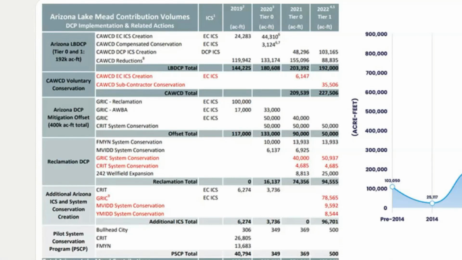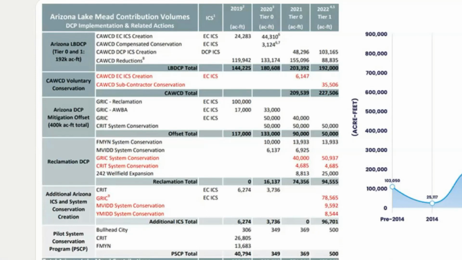The list on the left going down that table are the various types of intentionally created surplus, ICS, various types of conservation program results that we promote and support, with the volumes of water in there, and you could see that we've saved quite a considerable amount of water, quite a few million acre feet over the past several years.